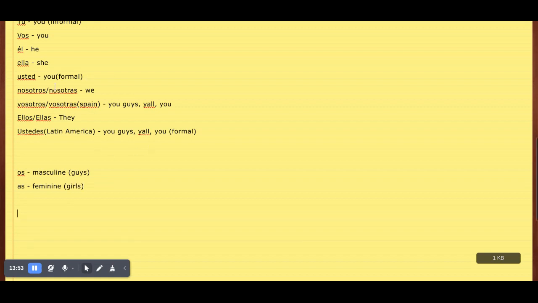So when we're looking at something, we'll take ellos and ellas. Ellos would mean anytime that I'm saying they, as an example of just a group of guys, right? So if I'm referring to Carl and Rob, the way that I would address them as they in Spanish, I would say ellos.